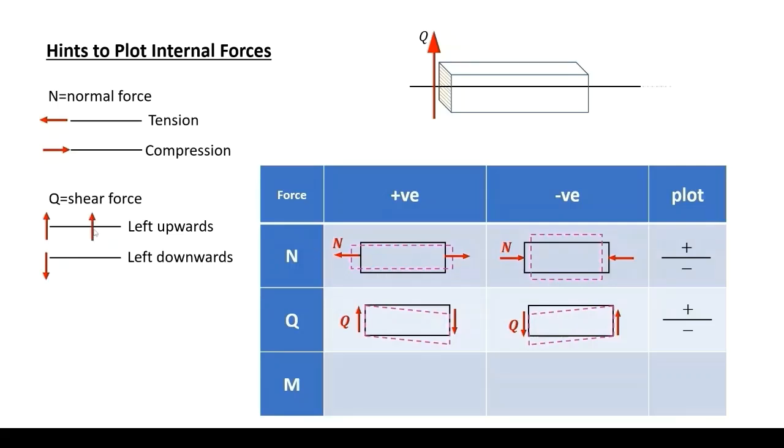Any extra positive shear will be added to the previously computed shear. Any negative shear will be subtracted from the previously computed positive shear. Similarly, for negative shear, any extra shear in the same direction will be algebraically added to it.